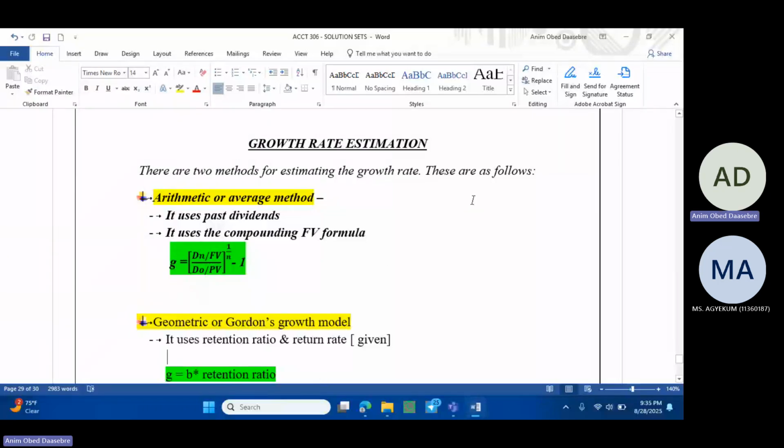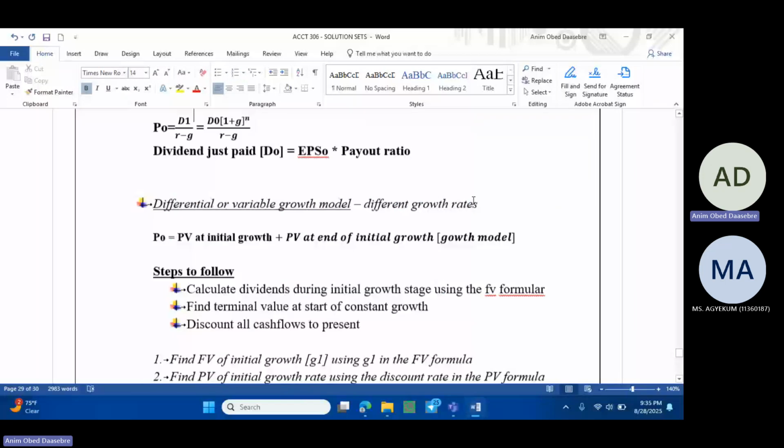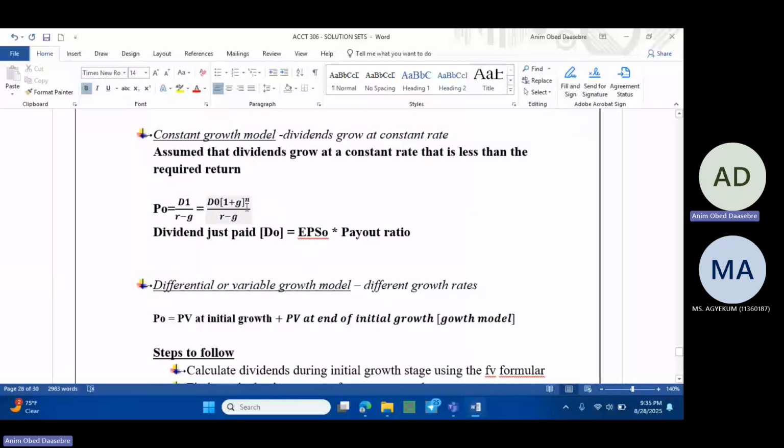You can use it in this formula to find the price of the share that you want to compute.